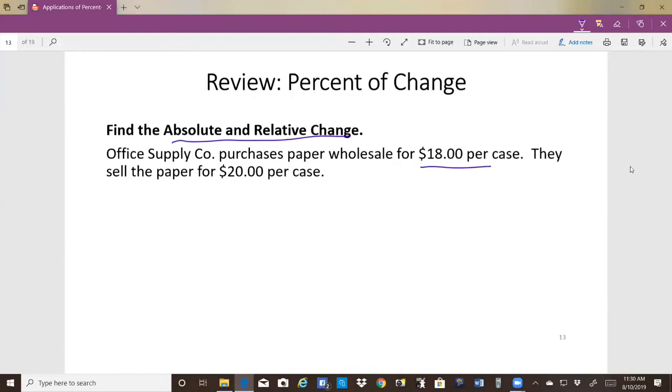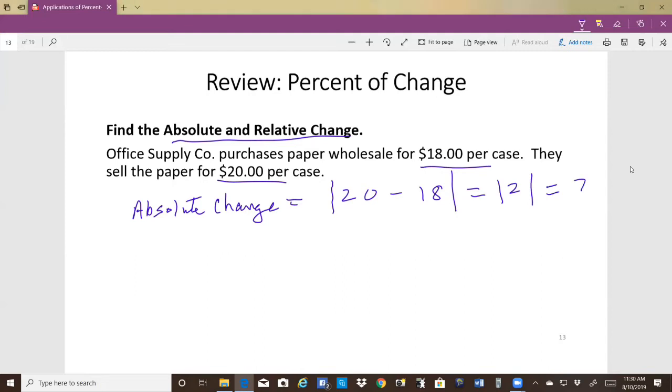So the absolute change is equal to the absolute value of the ending amount, which is 20 minus 18, which is the absolute value of 2, which equals 2.